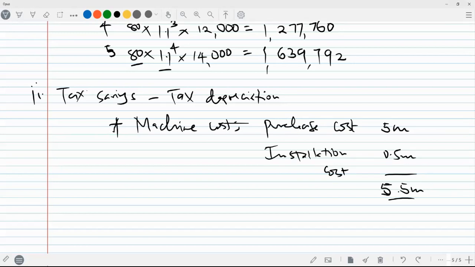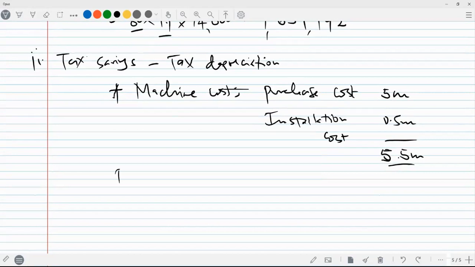Therefore, the cost to bring the machine to its current state is 5.5 million. The depreciation per annum will be equal to the cost of the machine, 5.5 million, minus the disposal value. At the end of its life, year 5, we can dispose of it and earn 1 million. We divide by 5 years and get 900,000.